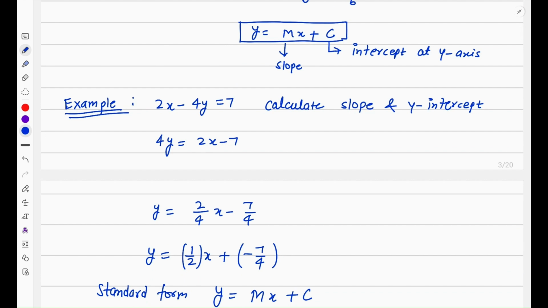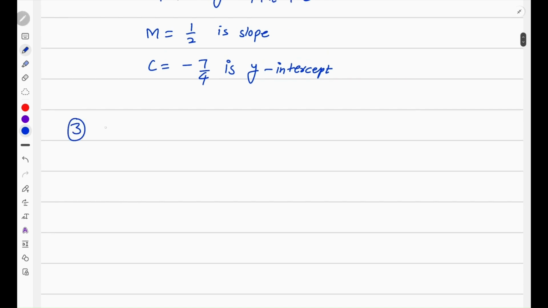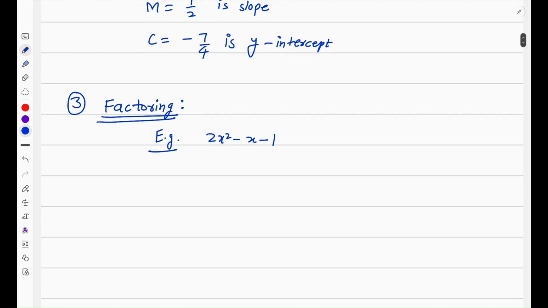The next thing is factoring. So if we are given an equation which we can factor, like 2x squared minus x minus 1, and we have to factor that. How can we do that?